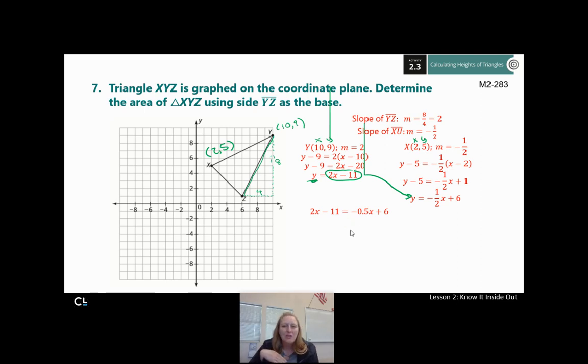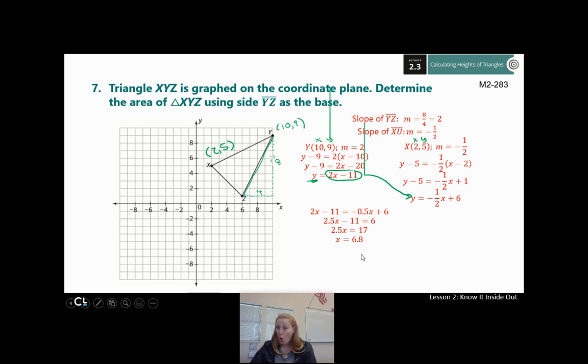You didn't have to do that, but I thought it would be easier. I want my x's to be on the same side, so I'm going to add 0.5x to both sides, which means I now have 2.5x. I'm going to get rid of that 11 by adding 11 to both sides. 6 plus 11 is 17. And then, of course, I will divide by 2.5, and that's why I have a calculator, and I got 6.8.